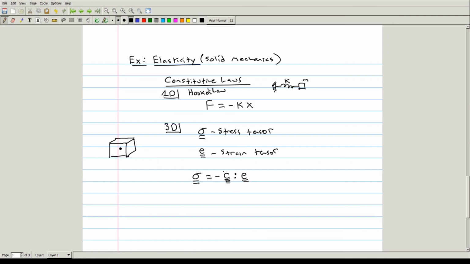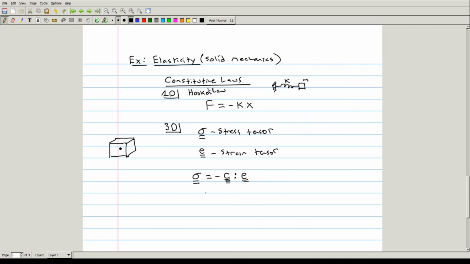I'm not going to get into mathematically exactly what this means and how to compute this, and I doubt that we will focus on it too much in this course, but it's a great example of how you can use vector calculus and tensor calculus to generalize one-dimensional relationships.